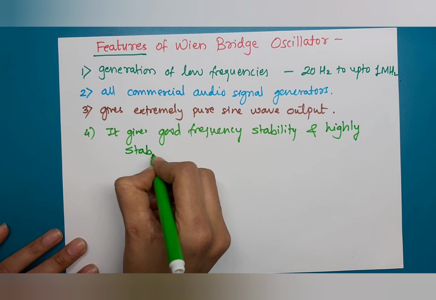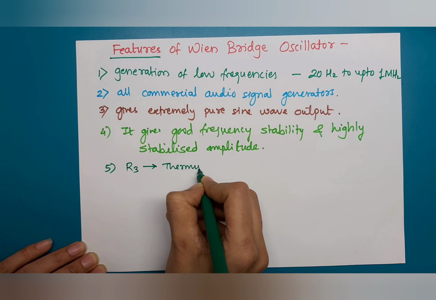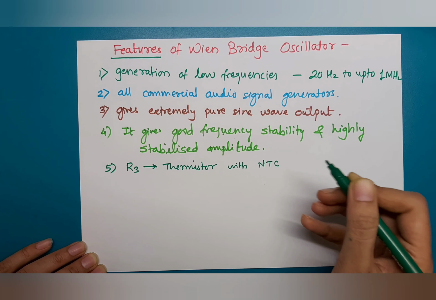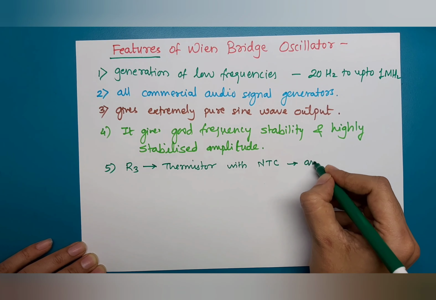Also, if resistance R3 is replaced by a thermistor with negative temperature coefficient, then the amplitude stability can be increased further.